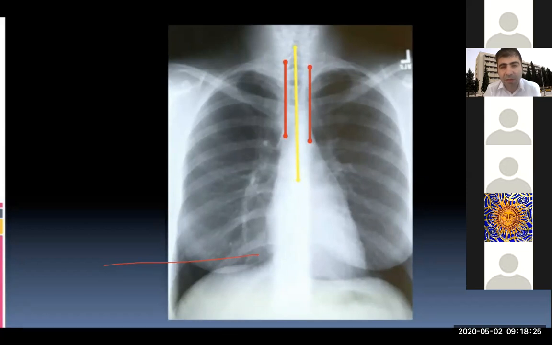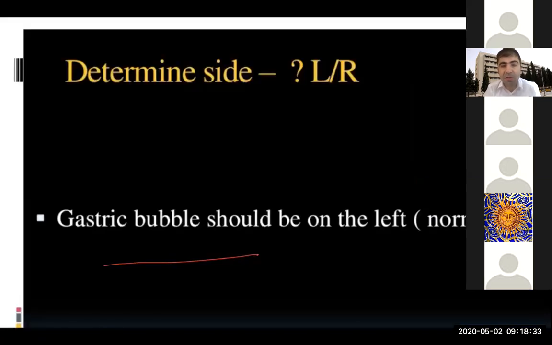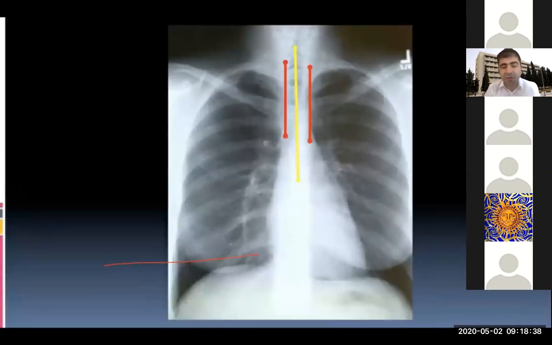There should be equidistance between the medial part of the clavicles and the midline, which is the spinous process. So this is just for rotation. Why? Because if it is rotated, the area near the cassette will be much darker than the area away from the cassette. So if the patient is not giving a good attachment of the chest to the cassette, there will be a difference in the penetration of the X-ray on either side.